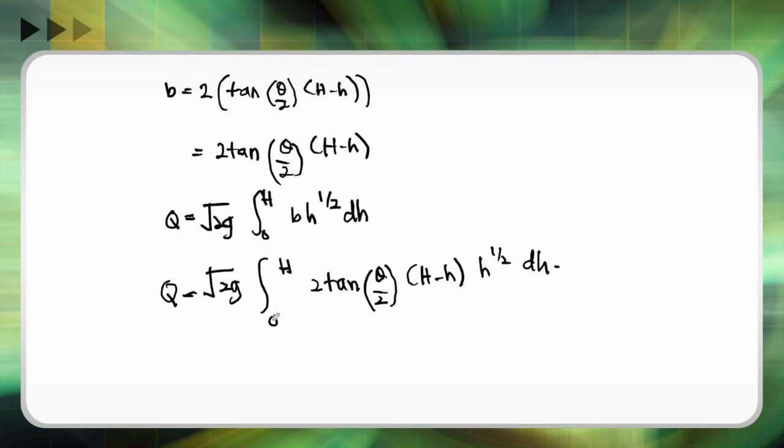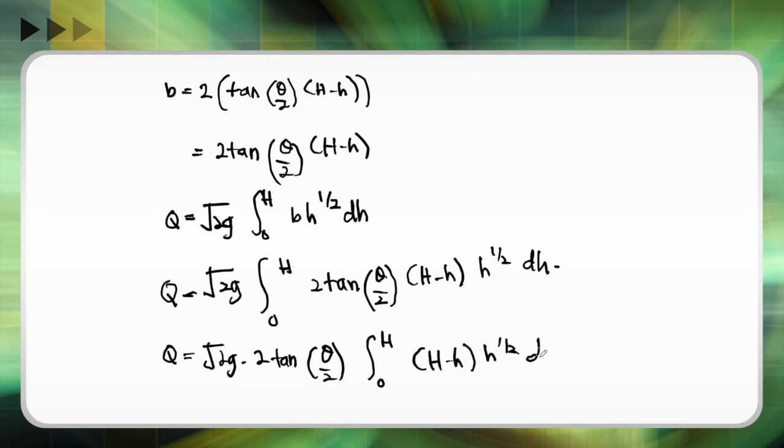Therefore Q is equal to square root of 2g times 2 tan theta over 2, integration from 0 to h of (h minus h), h to the 1 over 2, dh. So we already have that equation. Now we have to integrate this integration part.